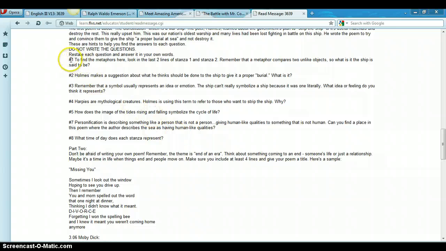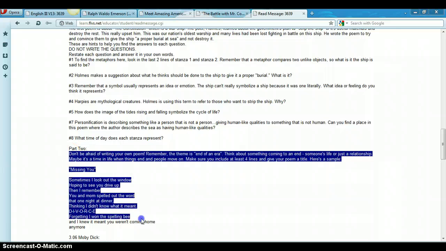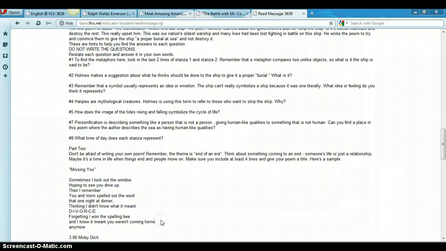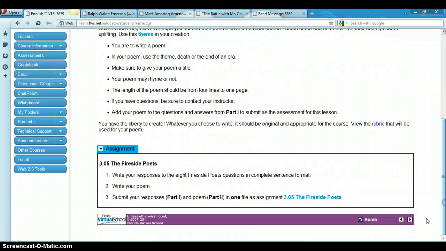There are hints for the questions in part 1, and for part 2, it gives you some sample poems to look at that other students have written. Don't let the poem thing freak you out. It only needs to be at least 4 lines long. And there are some good directions here in the lesson as well.